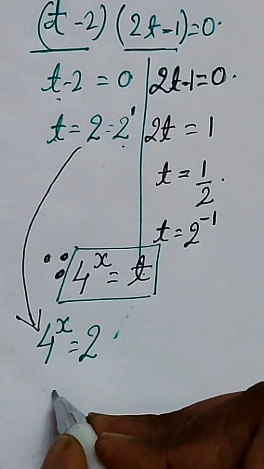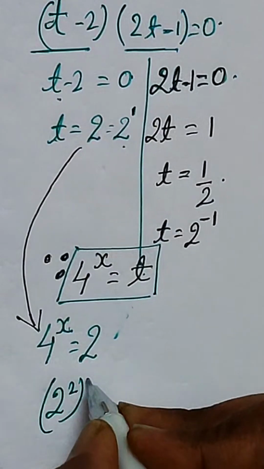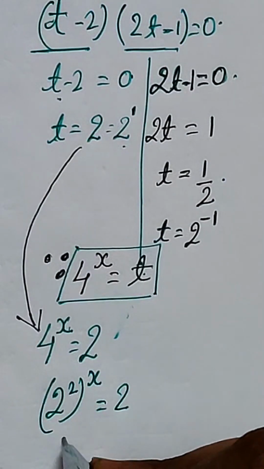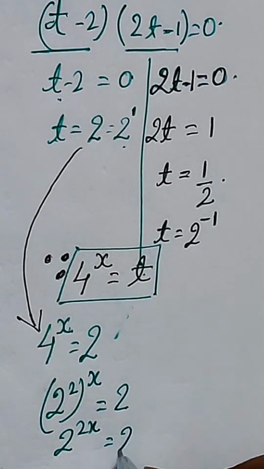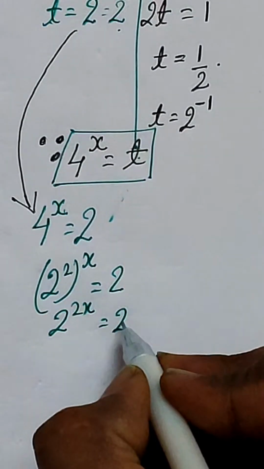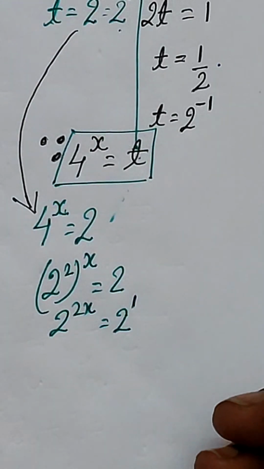So you can write 4 power x as 2 square power x, which is equal to 2. This will give you 2 power 2x is equal to 2. If nothing is there in the RHS, the exponent will be 1.